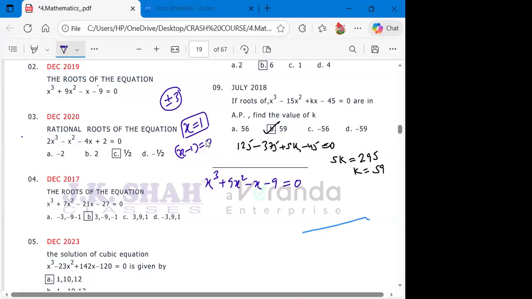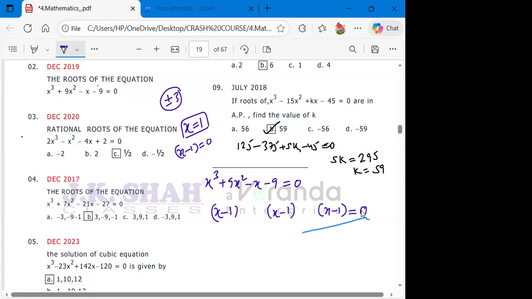Now, in a cubic equation, how many roots are there? 3 roots. So I'm writing this x minus 1 with proper gaps 3 times, and then I'm putting it equal to 0.